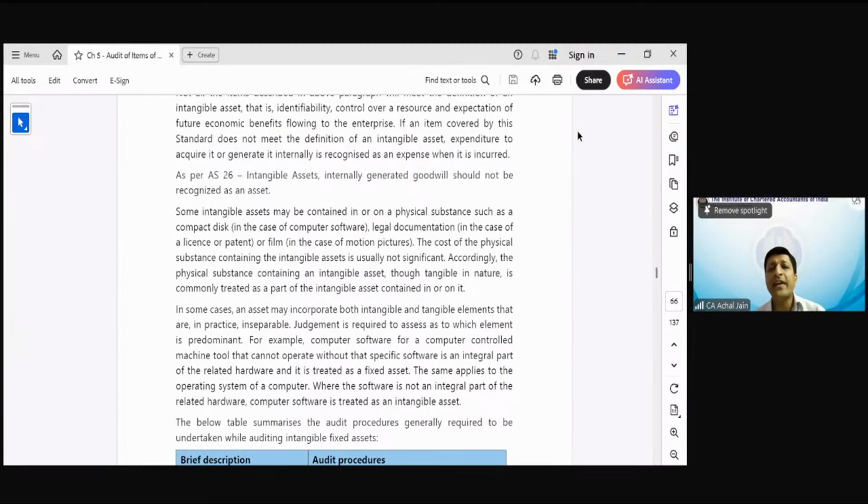Can you tell me what is that? Very good. Prem, Almas, they are saying amortization. Correct. In case of PPE, what you call depreciation is called amortization under intangible assets. So you can say the nomenclature changes. But this amortization is again based on the same principles.